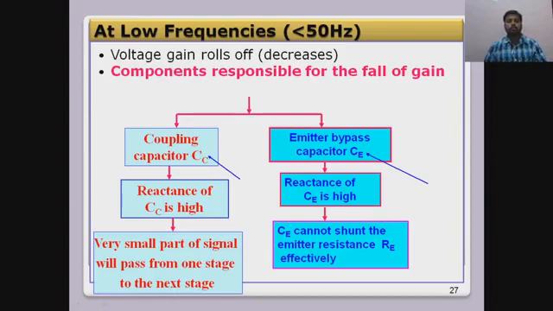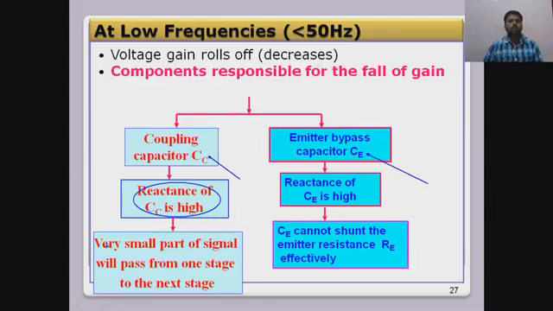Why these two? Because the reactance of the coupling capacitor CC is high at low frequencies. As the capacitor reactance is high, it offers a very high resistance. Reactance is nothing but the resistance of the capacitor, so it doesn't allow the signal to pass through it.